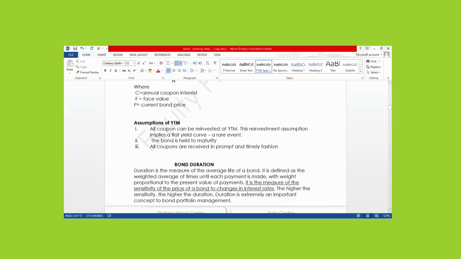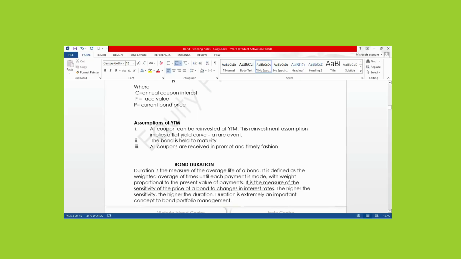In that case, this reinvestment assumption implies a flat yield curve, meaning that if your YTM is 5%, and you are going to reinvest your interest cash flow, you must reinvest at 5% in year 1, at 5% in year 2, and at 5% in year 3.